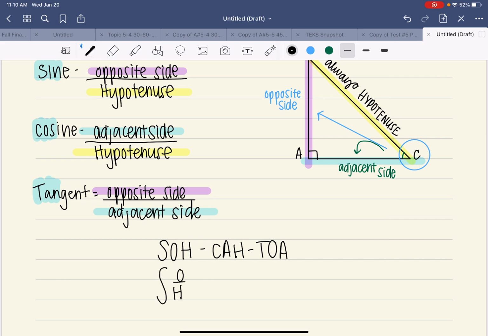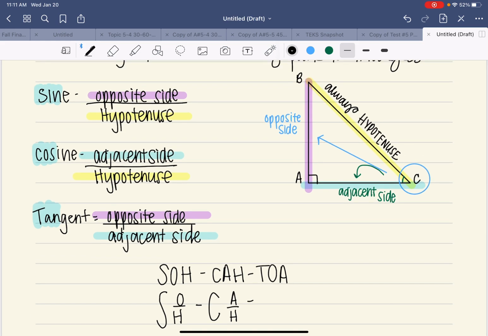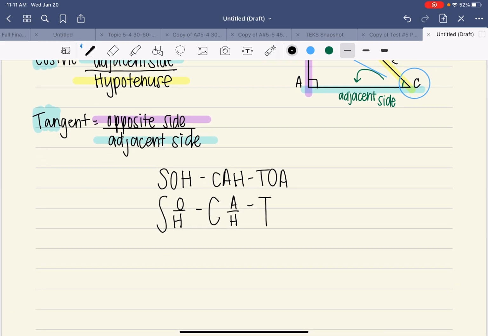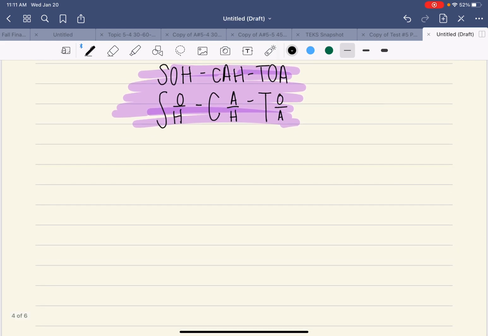And that's exactly what we talked about here. Then for cosine, which starts with C, it is adjacent over hypotenuse. And then for tangent, we have opposite over adjacent. If you can remember this funky term of SOHCAHTOA, it will help you remember the actual ratios. Alrighty. So let's do an example of what we're going to go over today.